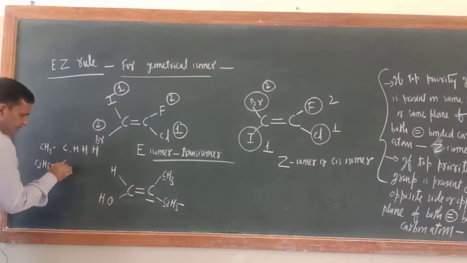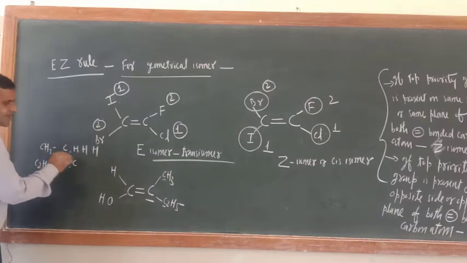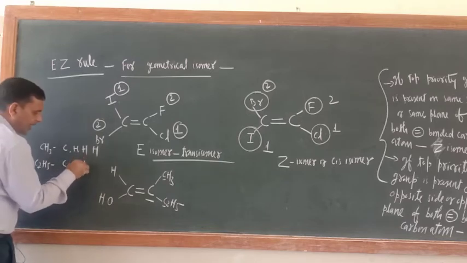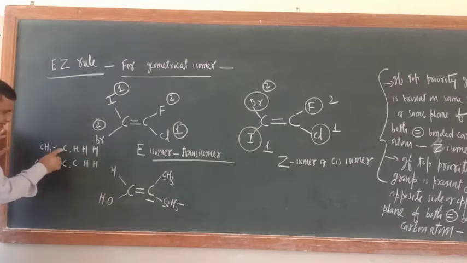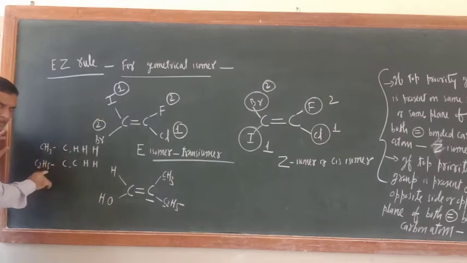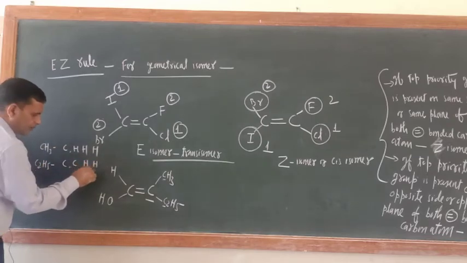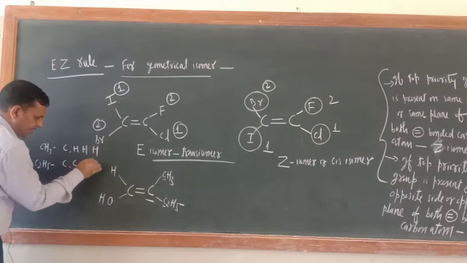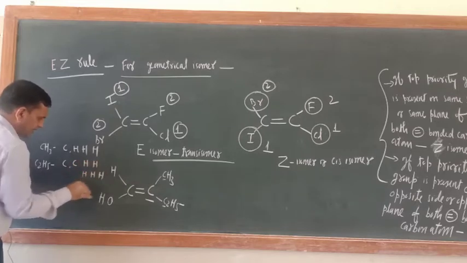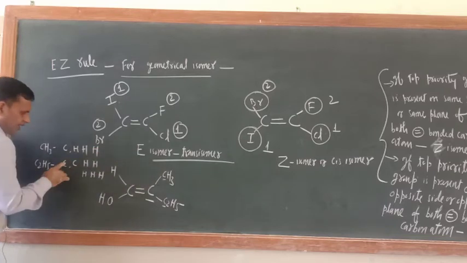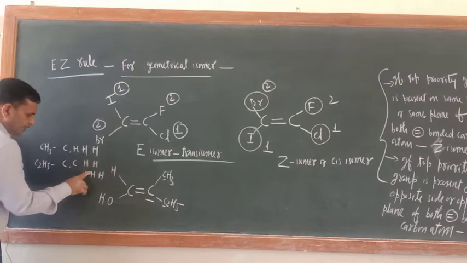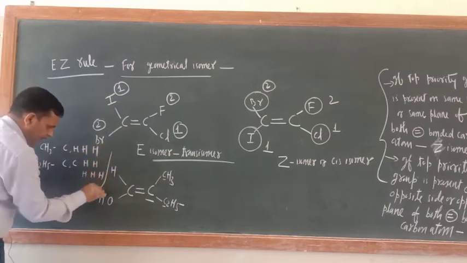C, then further C is there, then hydrogen. Are you getting my point or not? Five times hydrogen you have to write, H, H, H, H and H. Here what is there? C, H, H, H in CH3. Here C, C, H, H, H, H, H, five times.